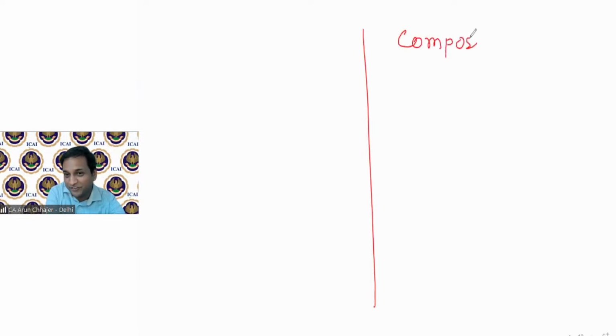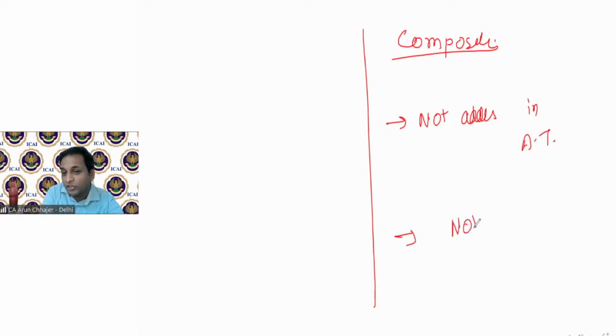And one more thing I would like to tell. When you refer to the composition scheme, it will not be added in the aggregate turnover. Also, it will not create ineligibility from section 10 subsection 1.